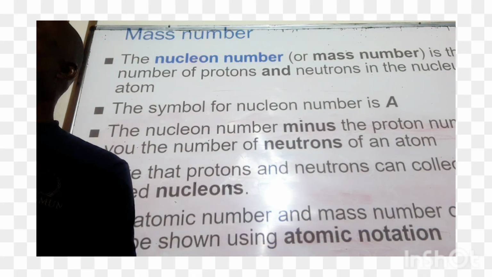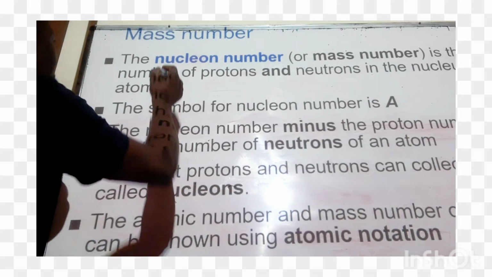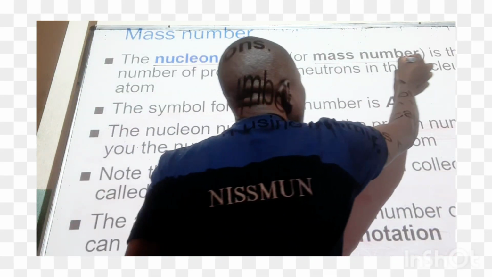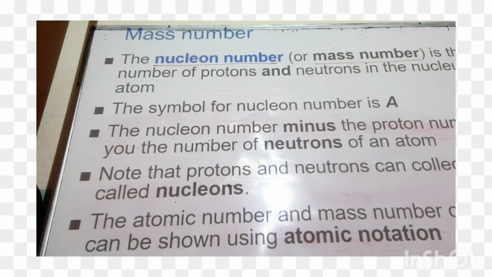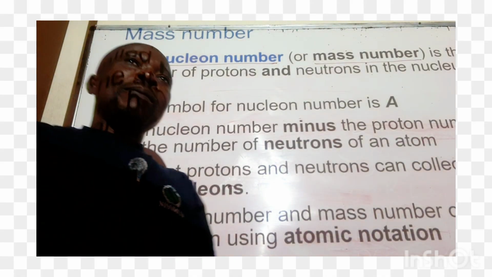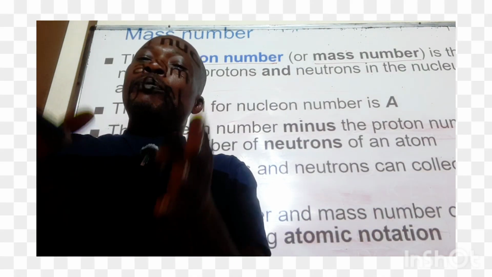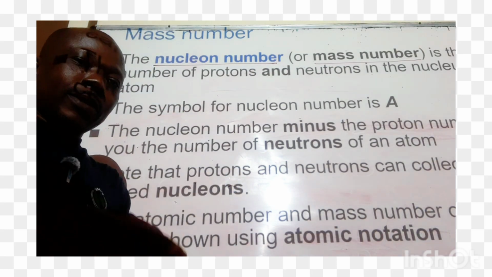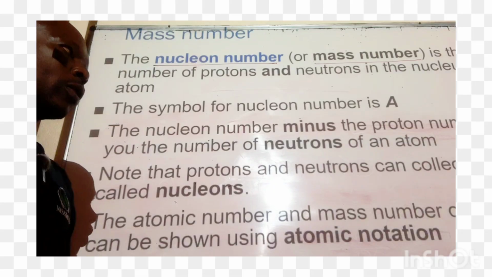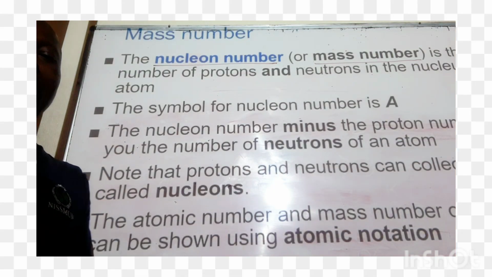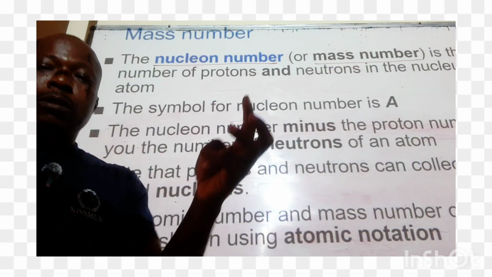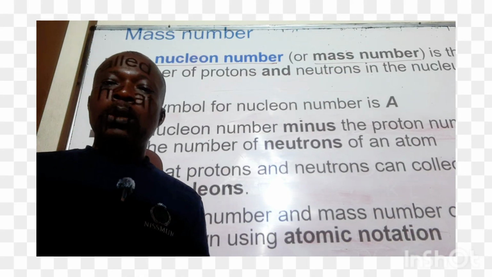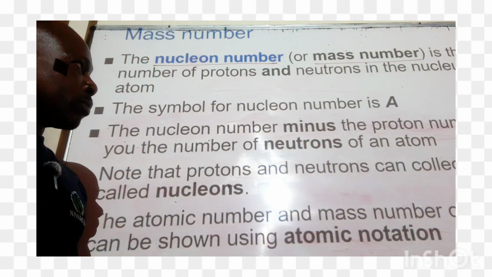So if you hear the word nuclear number used, note that we are referring to the mass number of an element, because it is describing the particles present in the nucleus of an atom. And in the nucleus of an atom, the two particles present are the protons and the neutrons.